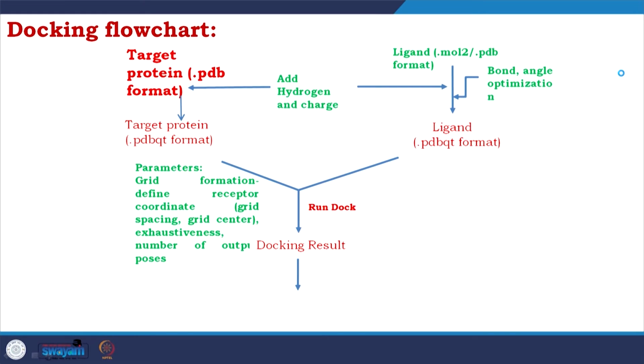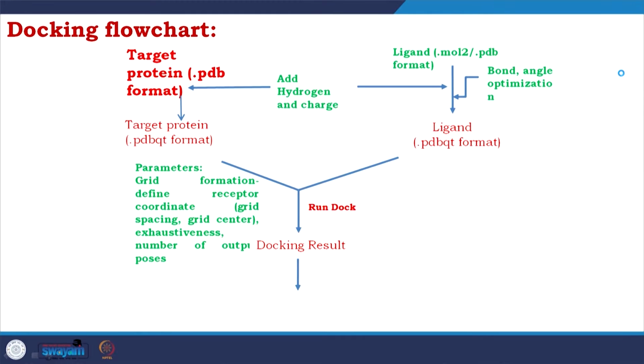So, this is the flow chart to give you a simplistic idea of docking. This is not a bioinformatics course, so I could go into details, but I could just talk about it so that you could do that. You have the target protein, which would be present in .pdb format, and I am sure now you understand what .pdb is. The ligand should be in .mol2 or .pdb format.